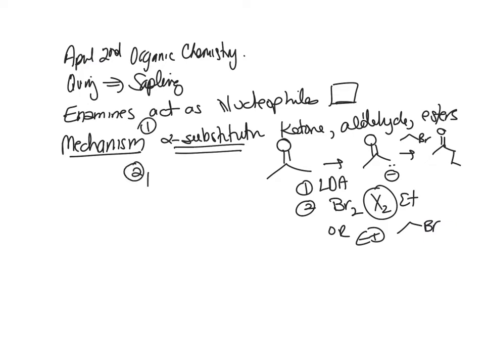The other reaction we've talked about is aldol condensation. We've also talked about Claisen. So here's your aldol. Claisen uses an ester. And then we've also talked about the Michael addition.